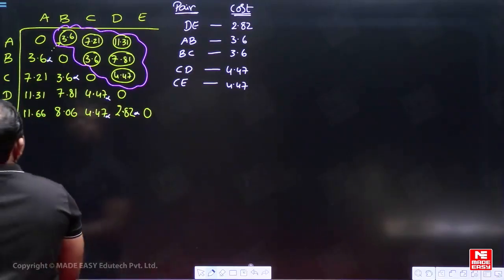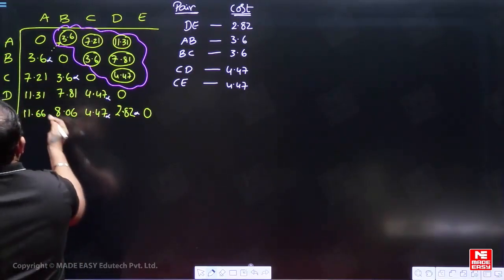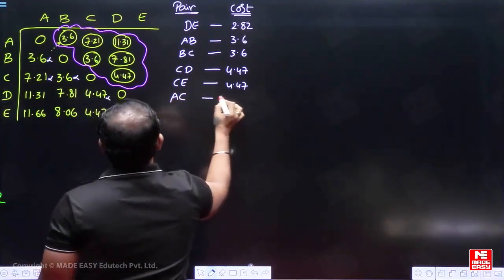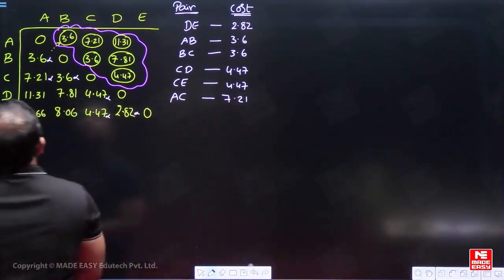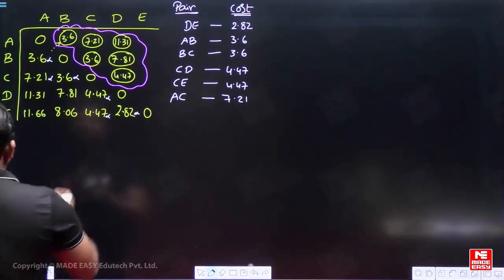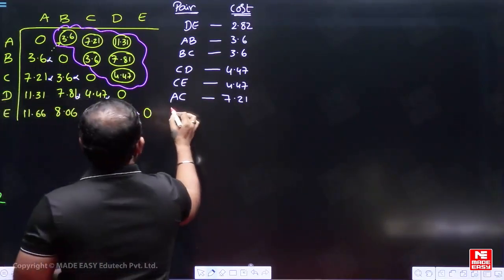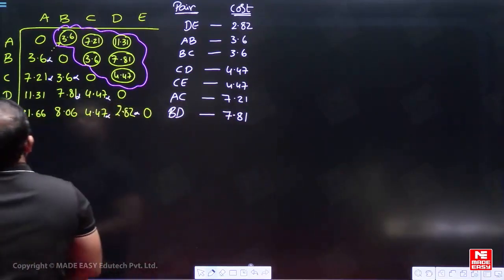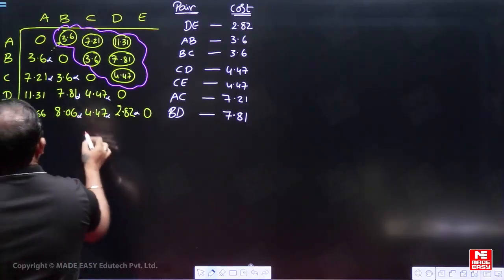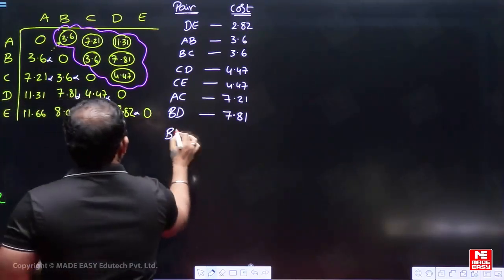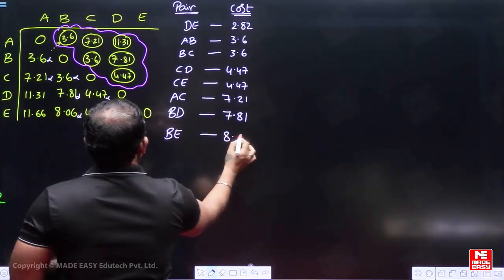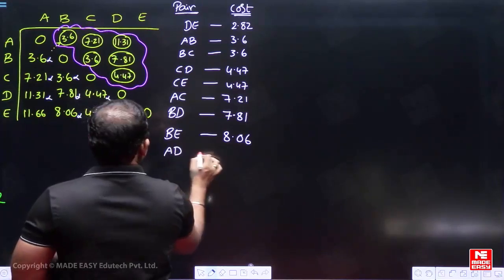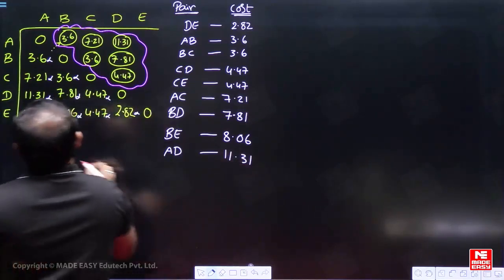Next is 7.21, that is AC. Next 7.81, that is BD. Next 8.06, BE. Next 11.31, AD. Next 11.66, AE.